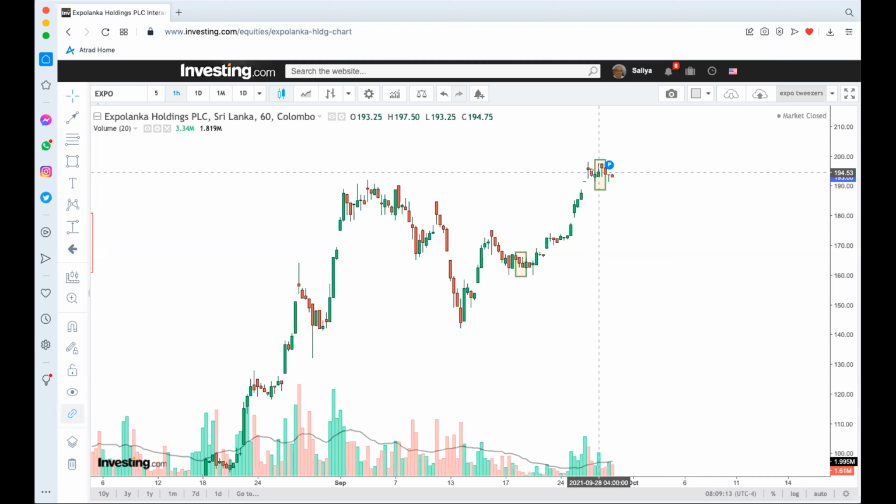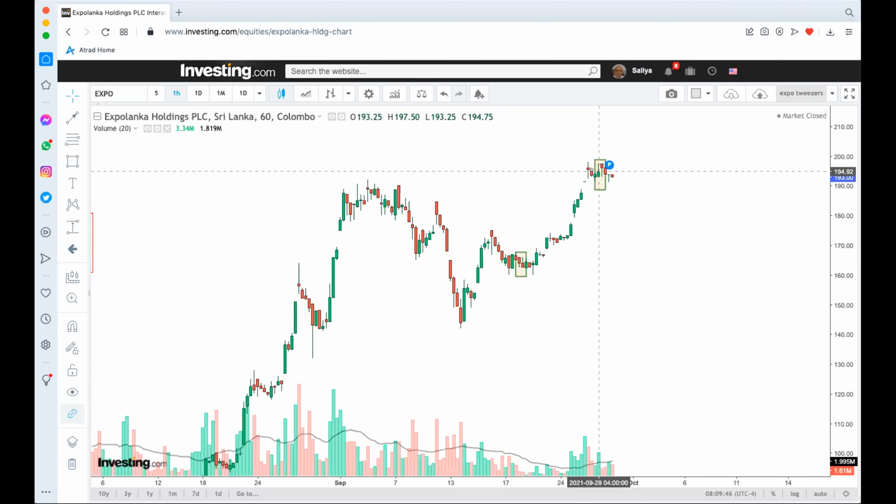In this instance, you can see the range of the green candle where the upper wick or the upper shadow is long and you don't see any shadow at the bottom, with a green close or rather a bullish close. The bottom is 193.25, the high is 197.50. The red candle where the lower tail is visible is 193 to 197.50.